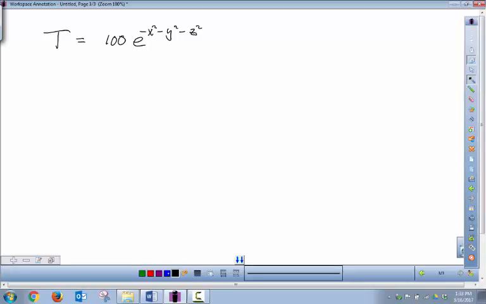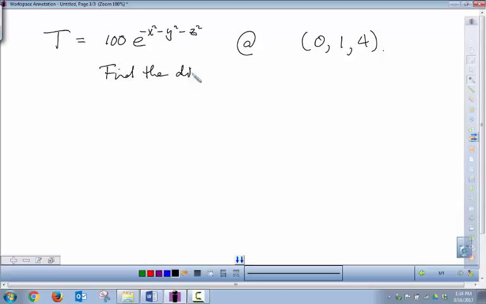So let's say you're at a new point at 0, 1, 4. Find a direction of maximum increase.